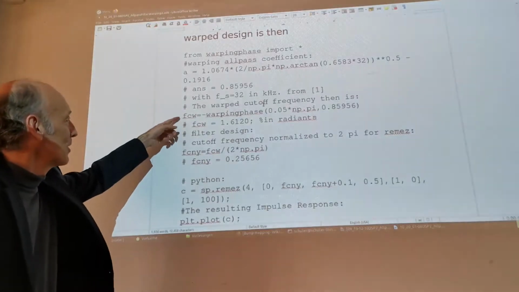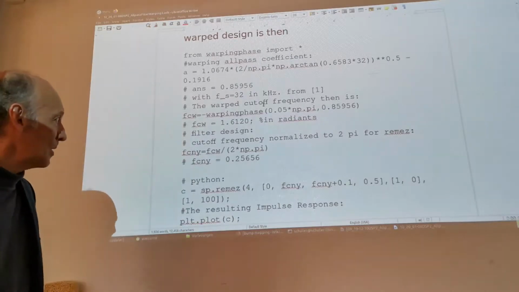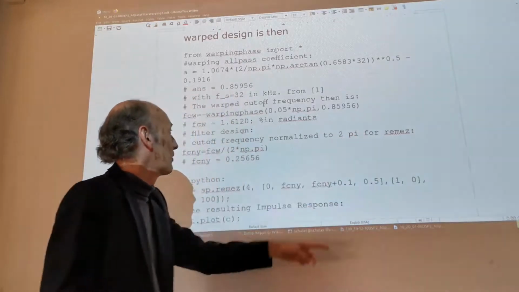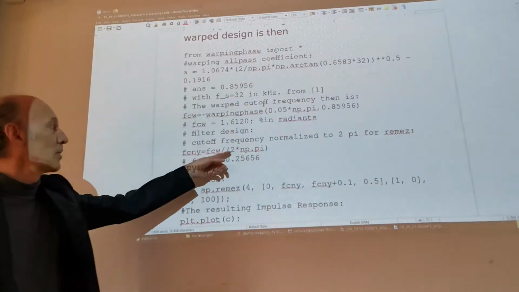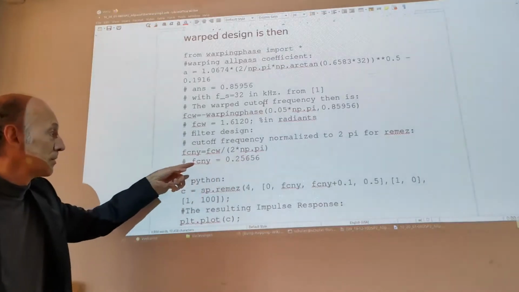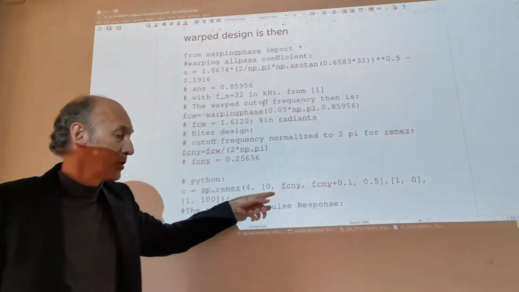So now we take this warped frequency. We do a normalization for Remez. So here we divide by 2 pi for Remez because 0.5 was the Nyquist. And then we get this new factor here. Put it into the Remez, here with the warped specification.